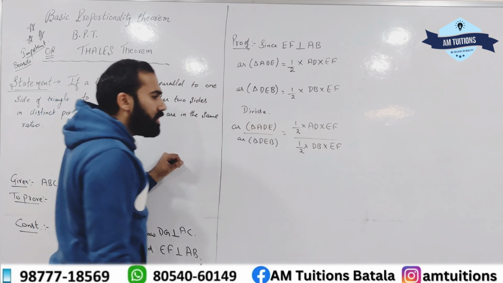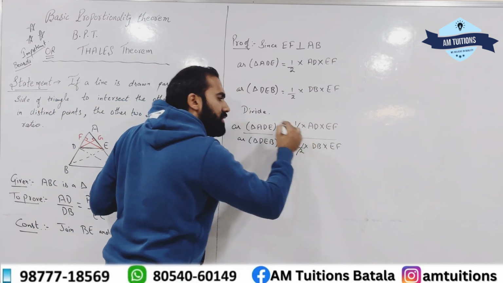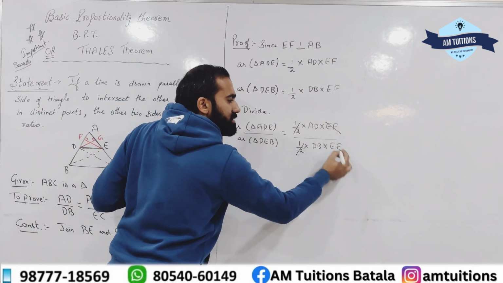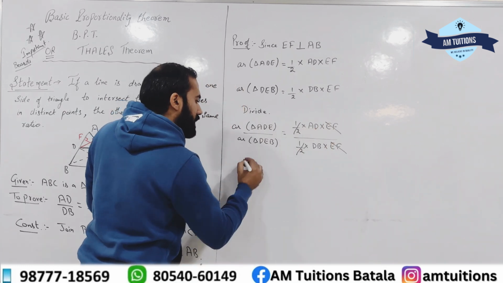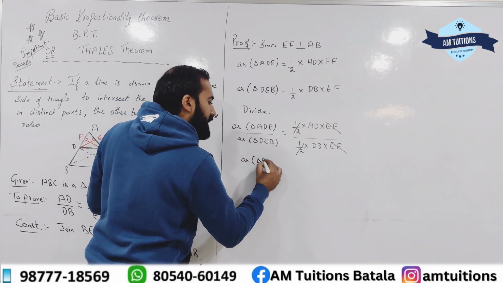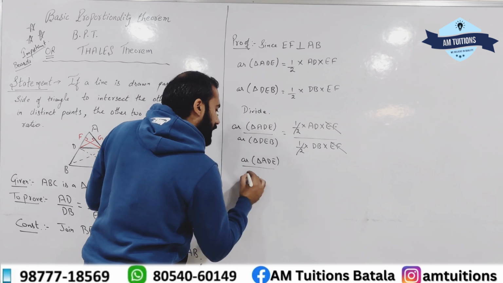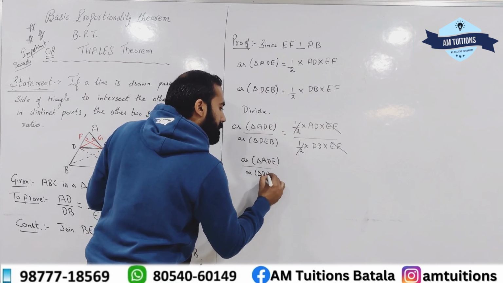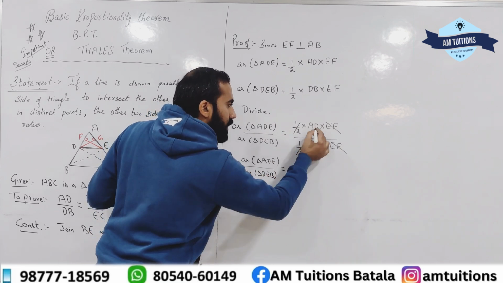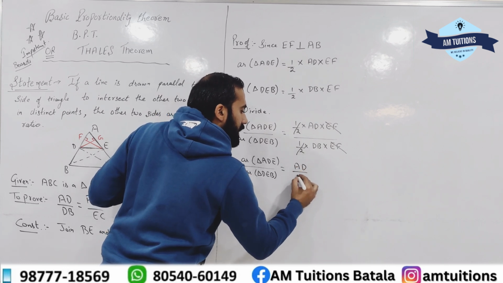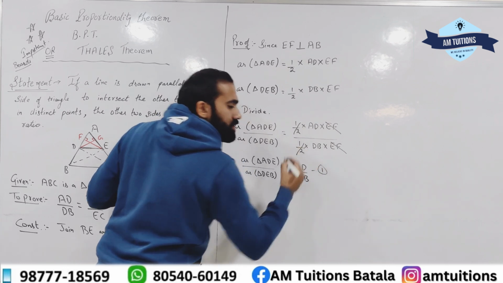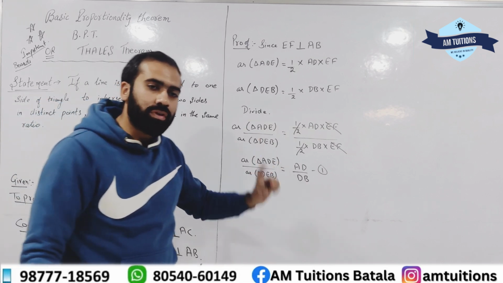Whatever things are equal, cancel them out, half cancelled with half, EF cancelled with EF, and you will get area of triangle ADE over area of triangle DEB is equal to AD over DB, and this is your first equation. Take it as first equation.